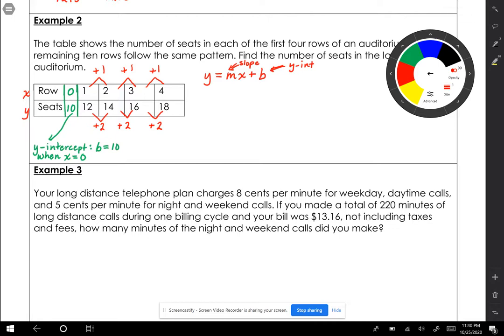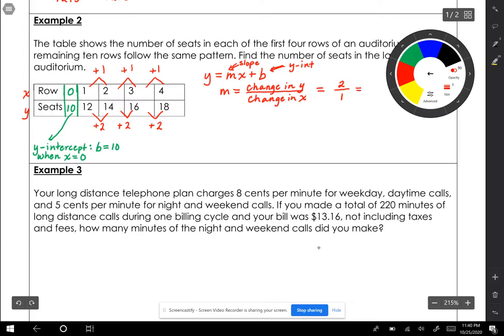So in this particular case, to figure out the slope is the change in x, change in y, sorry, divided by the change in x. So the change in y is going up by 2, and x is going up by 1. 2 divided by 1 is 2. So your slope is 2.